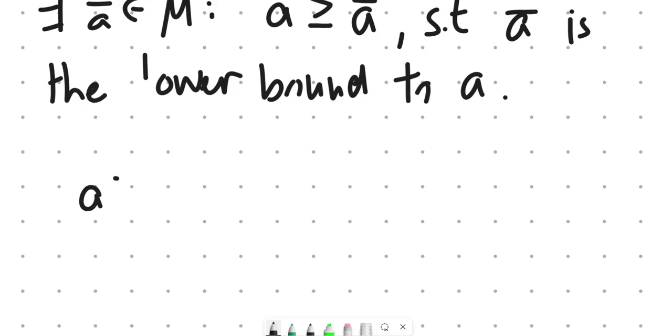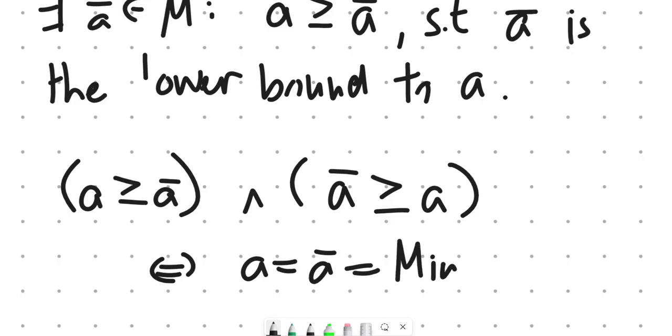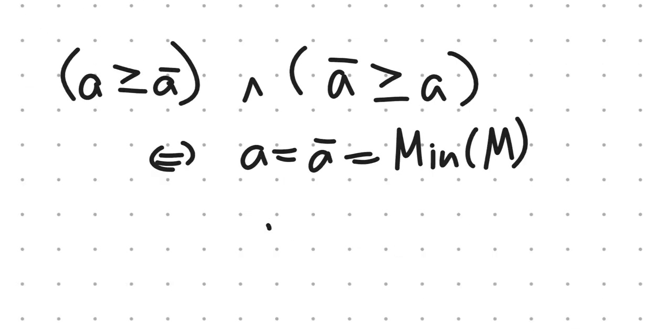We can state that A is always bigger or equal to A dash, and A dash is always bigger or equal to A, which is equivalent to saying that A is equal to A dash, and we can define this as the minimum of M. So we only have one specific element that is the minimum of M.